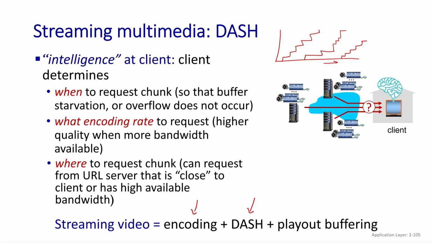Different chunks are encoded at different rates, placed at different places, and replicated in CDN. And then, most importantly, the client part of the application, where the client needs to maintain a playout buffer, and it also needs to select the right encoding rate and the right server.